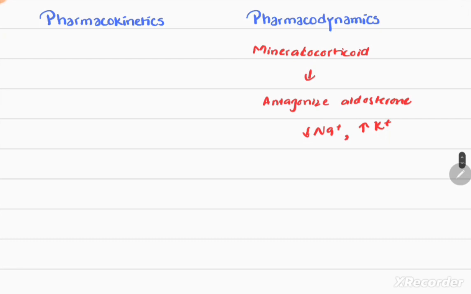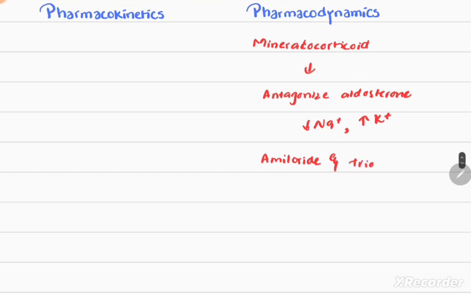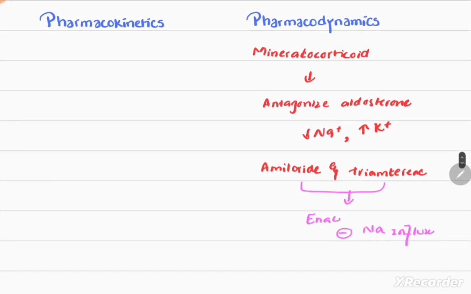The other group, which includes amiloride and triamterene, will act on the ENaC channels and directly inhibit the sodium influx. So this is how they produce their effect in the body.